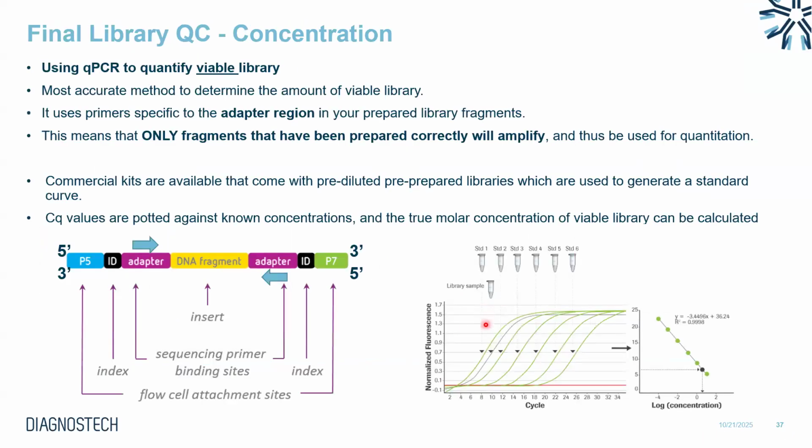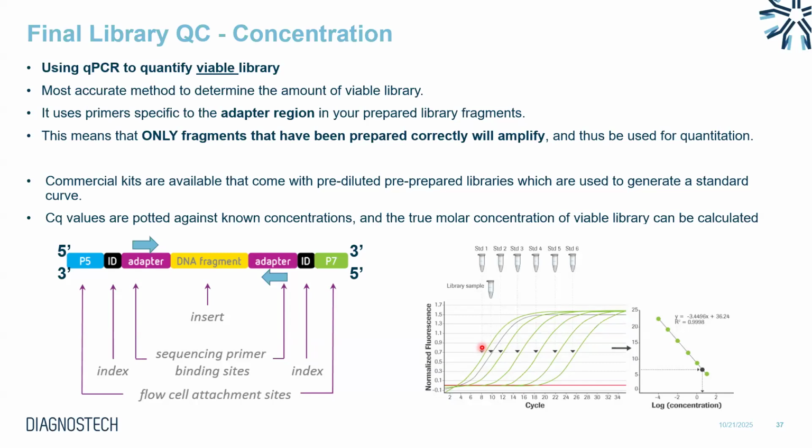So we've looked at the sizing of our final library QC, but something else that's very important is the concentration of our final library. And this we recommend using qPCR. The reason for this is it's the most accurate method to determine the amount of viable library, as it selectively quantifies the full length library fragments by using primers that anneal to the P5 and P7 sequences.